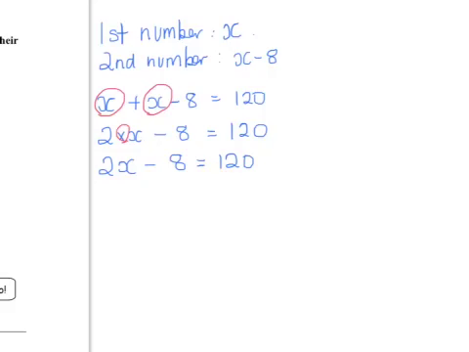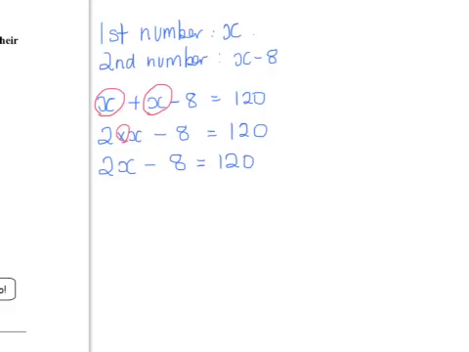Now I'm going to do a couple of things to the left-hand side to get x on its own. You can see we're multiplying x by 2 and subtracting 8 from it.